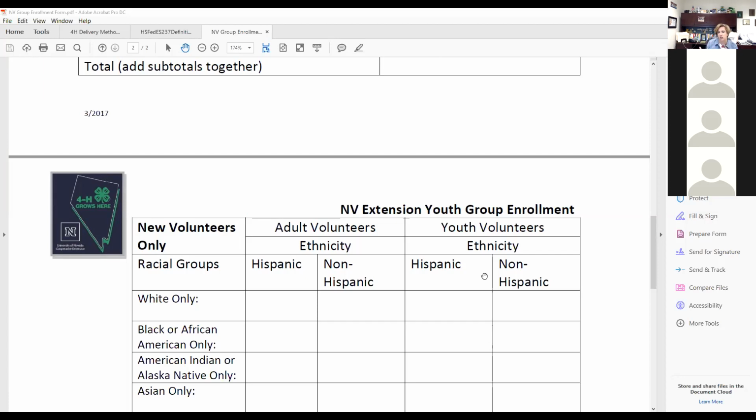But say you've got a club volunteer who also goes into a school program to teach embryology because they love farming and poultry, and might also do a day camp around shooting sports. You would not put them here, because they're already included in our individual enrollments.